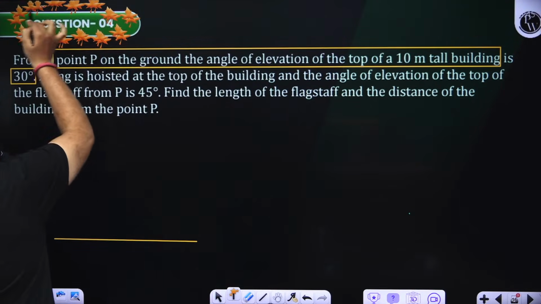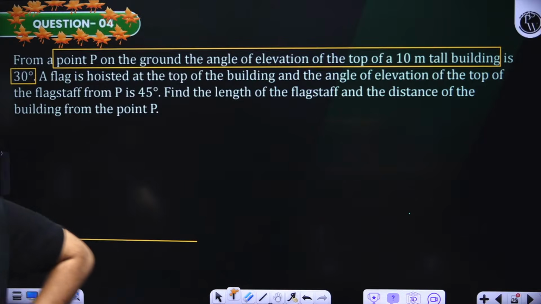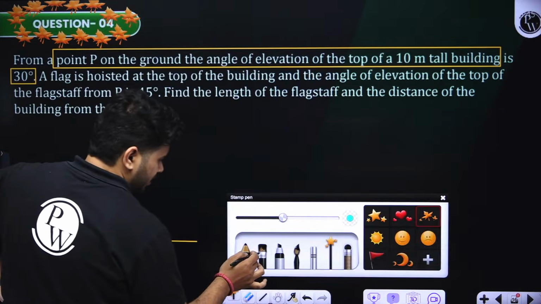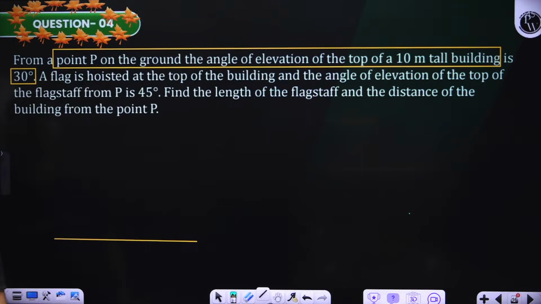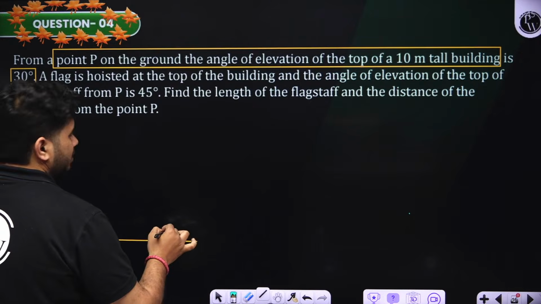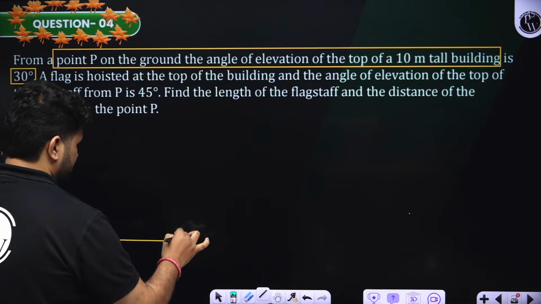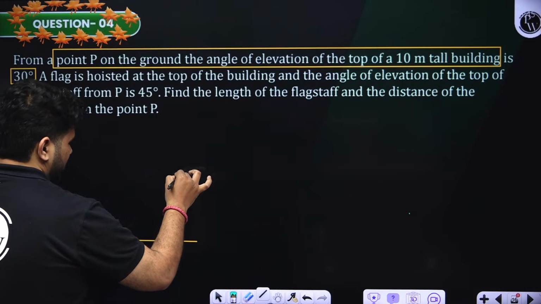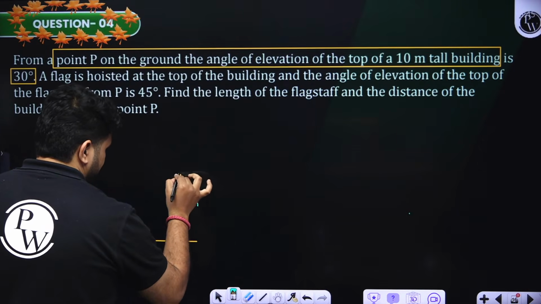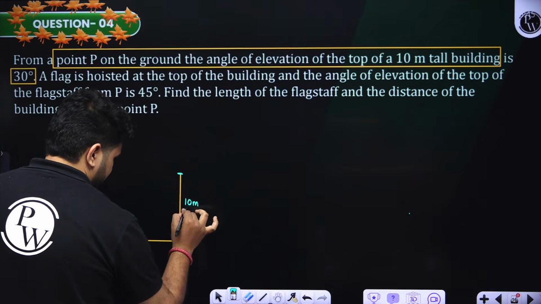Clear? Fine. So they are telling that, understand the problem. What they are telling, students, a point P is there on the ground, the angle of elevation at the top of the building, 10 meter tall. This is the building we have, which is 10 meter from this point to this point.